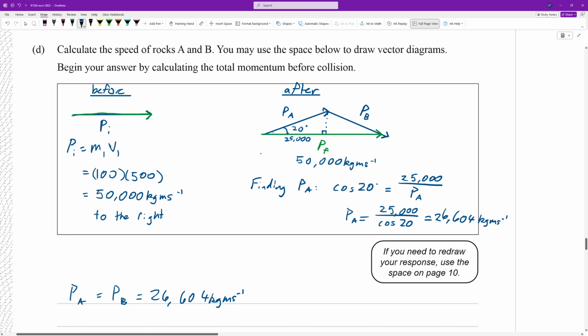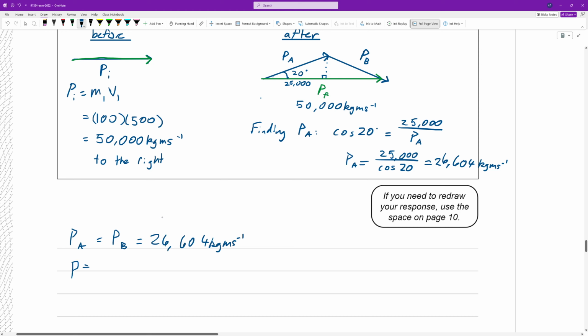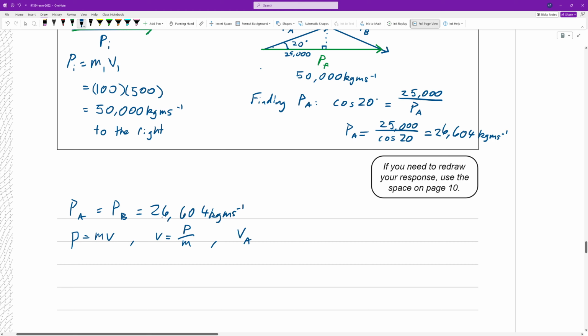Now, have we answered the question? Nope. It's asking for the speed of the rocks. We have found the momentum. So our last step is just to recall momentum depends on mass and velocity. So velocity, or speed if we're not including the direction, is momentum divided by mass. So VA must equal VB, right? They have the same momentum, they have the same mass, which is 26,604 divided by, what's their mass?